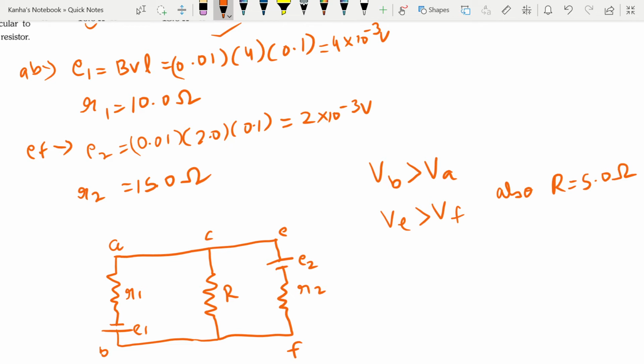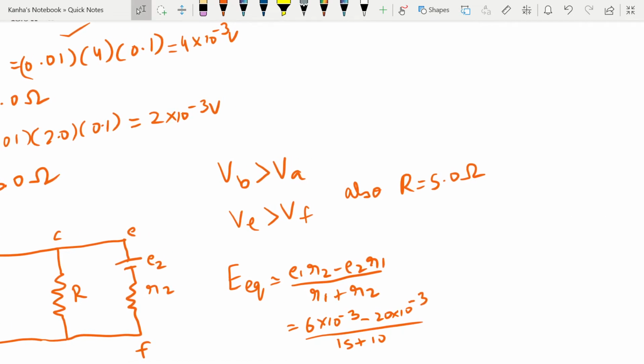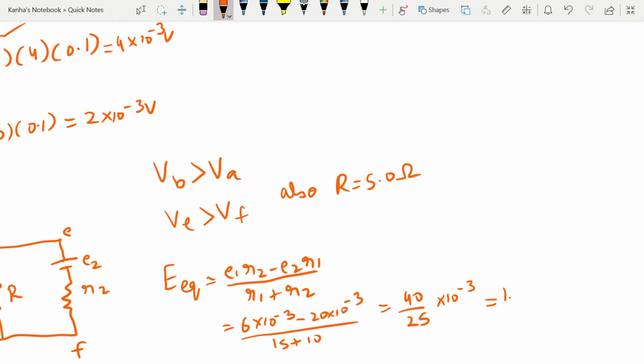Okay, so that implies my equivalent E is nothing but (E1 R2 minus E2 R1) divided by (R1 plus R2), which is nothing but (6 into 10 to the power minus 3 minus 20 into 10 to the power minus 3) divided by (15 plus 10), which can be written as 40 by 25 into 10 to the power minus 3, which is nothing but 1.6 into 10 to the power minus 3 volts.